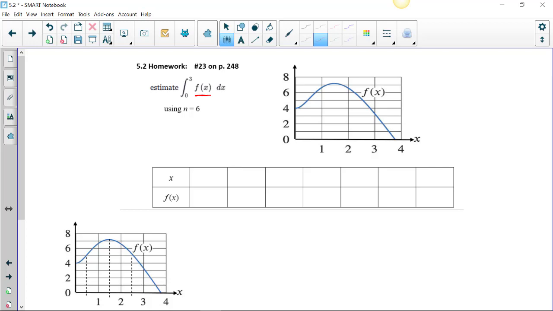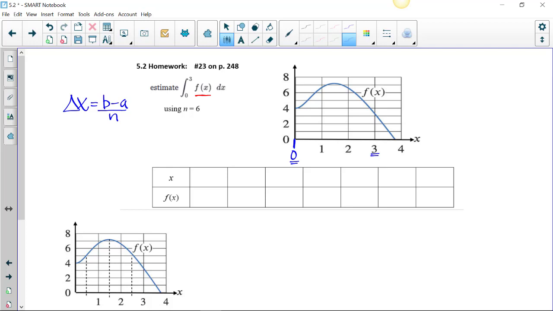So first thing we need to know is 6 rectangles. What's the width of each rectangle so we can choose our x values? If you recall, delta x, the width, is b minus a over n. Our a is 0, our b is 3, so we're going from 0 to 3.